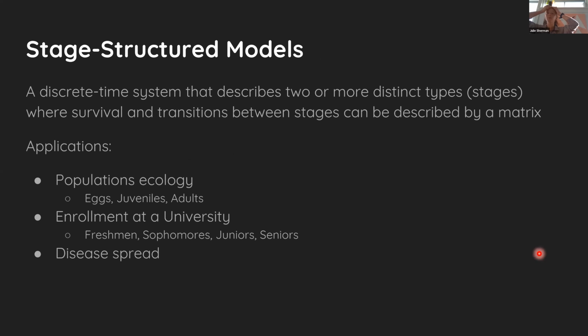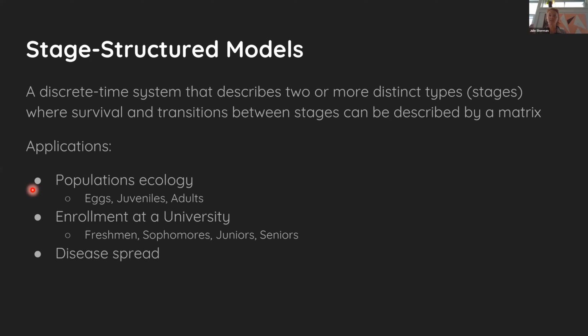Okay, great. So I'm going to go into another specific example, and these are stage structured models. A stage structured model is a discrete time system where you have two or more distinct types that convert between one or the other, and for that reason we can describe it by a matrix. I will hopefully make this more clear when we go through an example. The most common application is with population ecology.